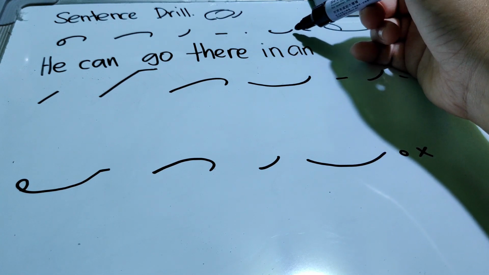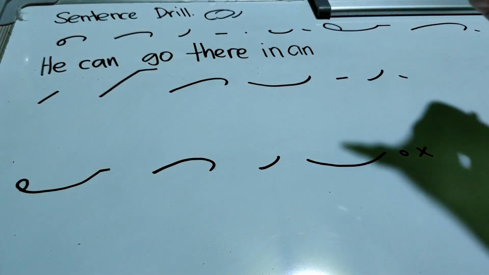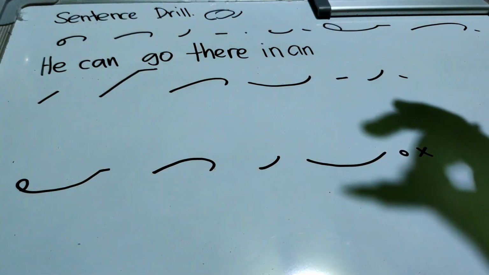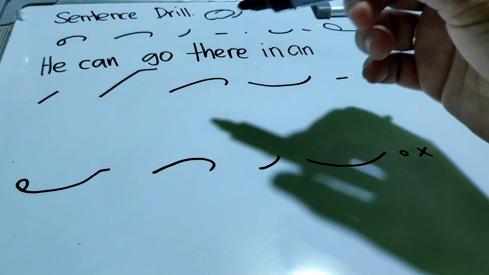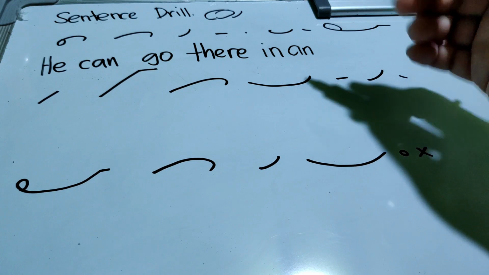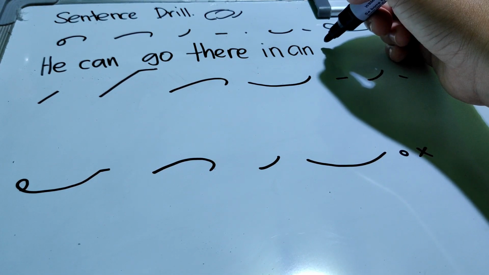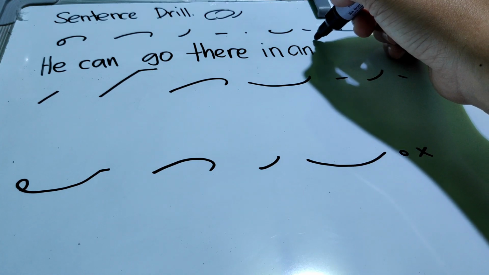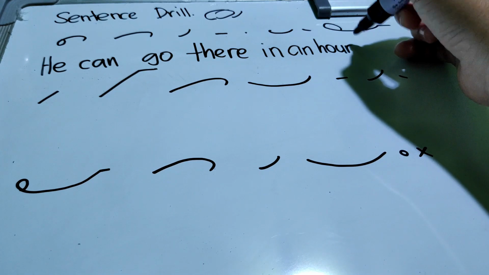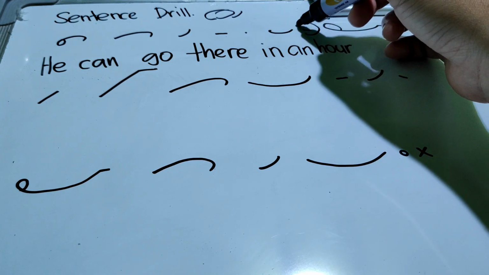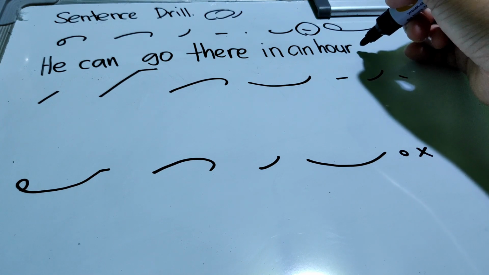But the letter R is transcribed as are, our. So in your sentence, he can go there in an. So dili siya pwedeng are, dili po siya pwedeng our. So our gid siya, oras. He can go there in an hour. And then kani dayon siya is katong atong punctuation nga period.